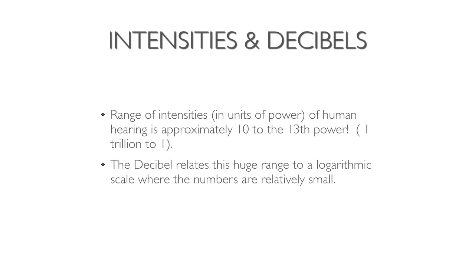And that's why it uses a logarithmic relationship. And the logarithmic relationship is simply this relationship of doubling. And you'll find that relationship all throughout acoustics and music because a lot of our hearing is related to logarithmic functions.